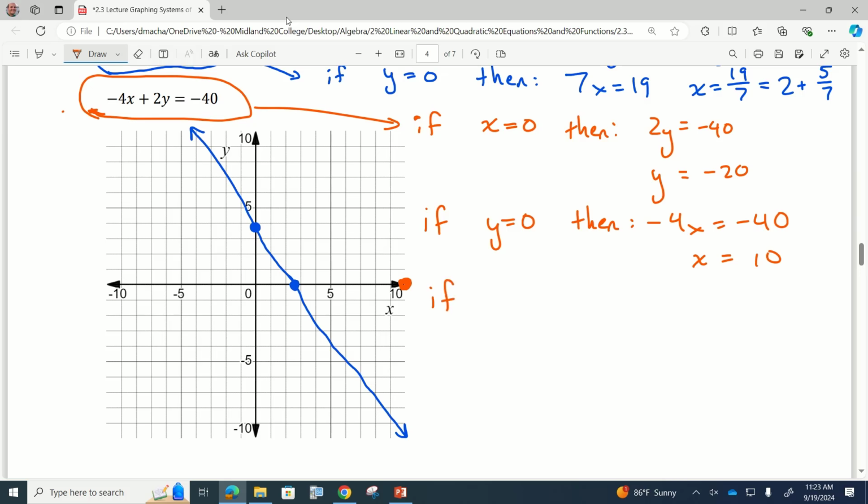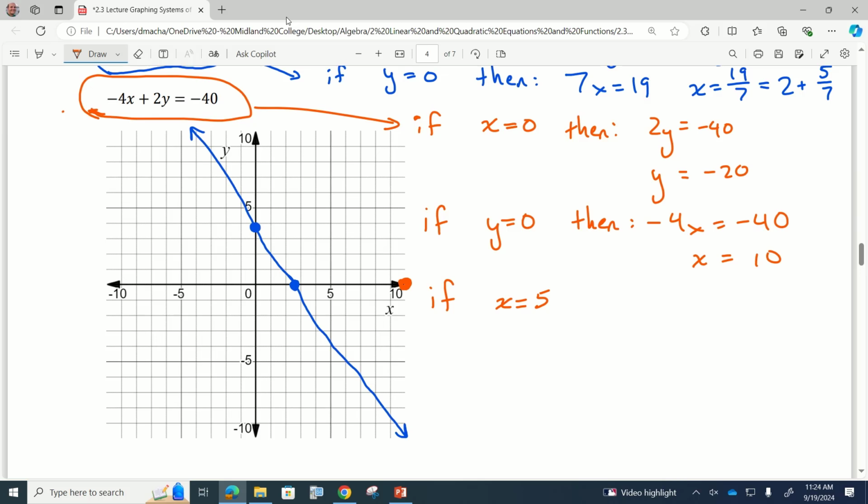So I might say, what happens if x is equal to, I've already got x equals 10, and I know x equals 0 ends up way down here. Maybe something in the middle like x equals 5. That could give me a point that's maybe on this part of the graph. And if it doesn't work, I could just choose a different value for x.